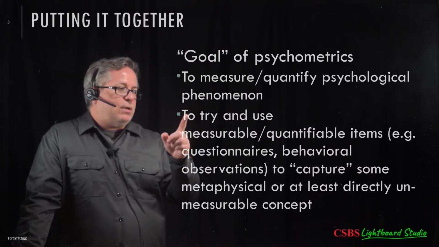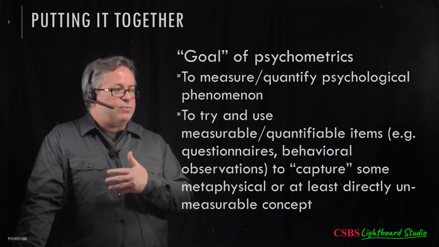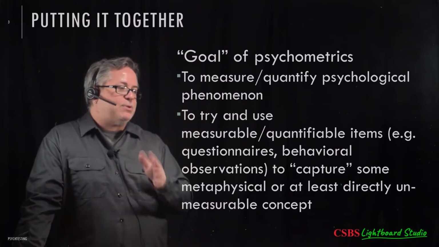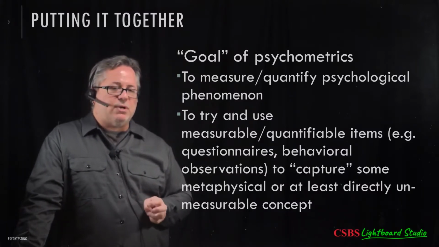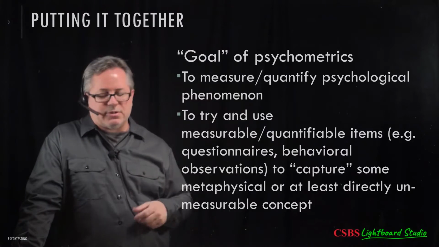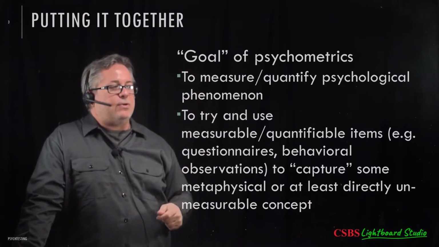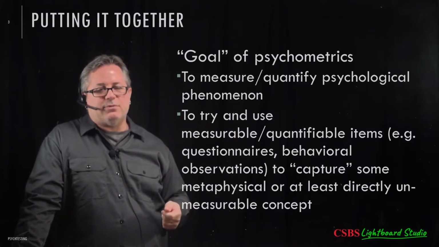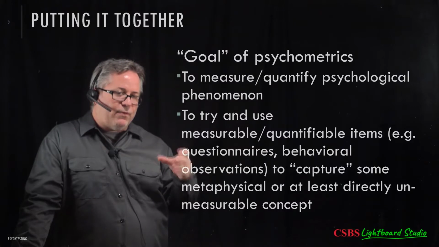So we're trying to use measurable, quantifiable items like questionnaires and behavioral observations to capture some metaphysical, or at least directly unmeasurable, concept. These are things we can't just measure, not like height, where I can just use a tape measure. These are unseen, metaphysical things that are primarily the focus of psychology.